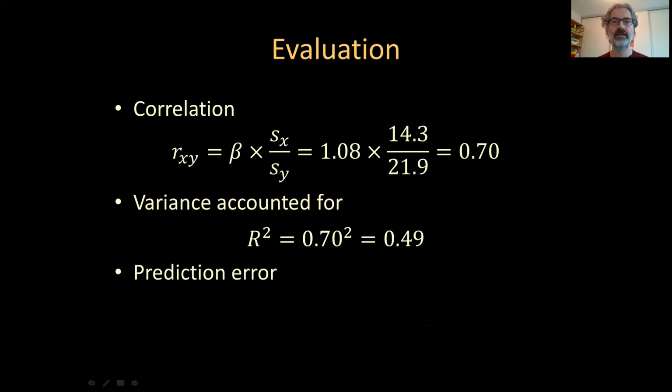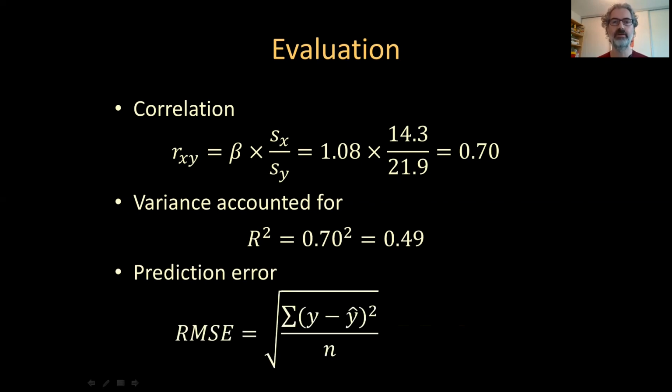And a final index evaluating the performance of our regression or of our prediction model is the prediction error. In particular, the index we use is called the root mean squared error, and is our familiar index that has to do with the error.